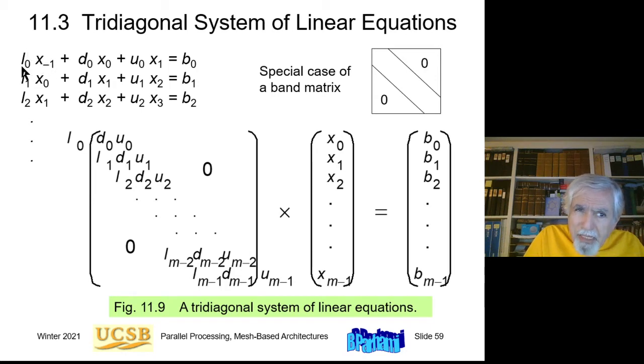So for example, we can set L0 to 0, so that every equation now has 3 variables. Also a dummy variable xm just beyond, so the variables are x0 through xm minus 1, and then we add x minus 1 and xm, and this term again we can set to 0. This way every equation has 3 terms and we can treat them uniformly.